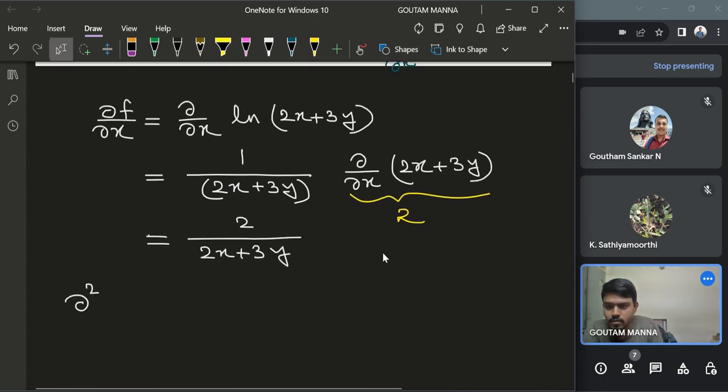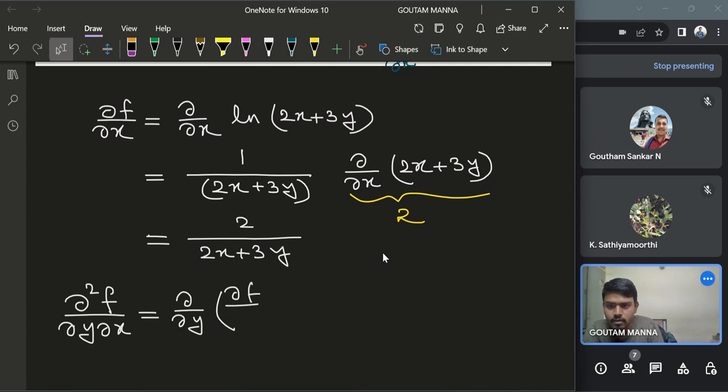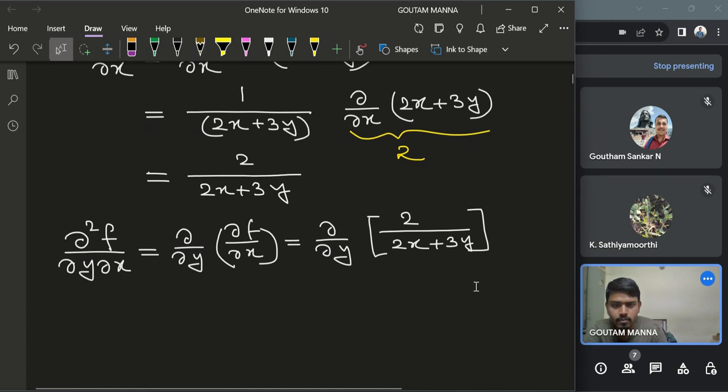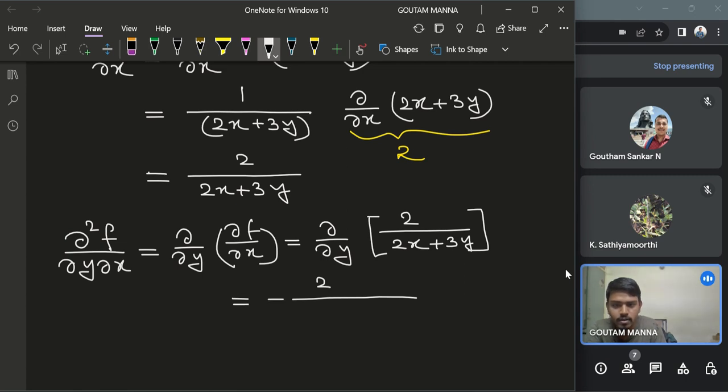So then the del 2f del y del x, which is basically del y of del f del x, will be del y of 2 by 2x plus 3y. So it's a partial derivative with respect to y. And so there will be a minus sign. So the simple derivative of 1 by x with respect to x, there will be a minus sign, square in the denominator, 2x plus 3y.